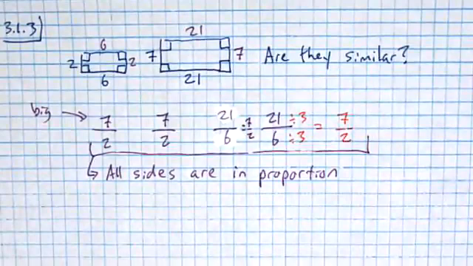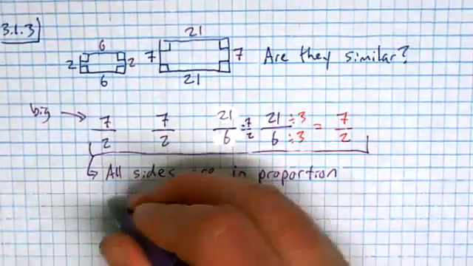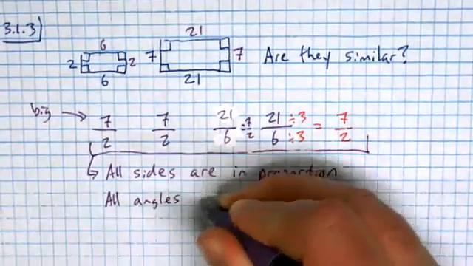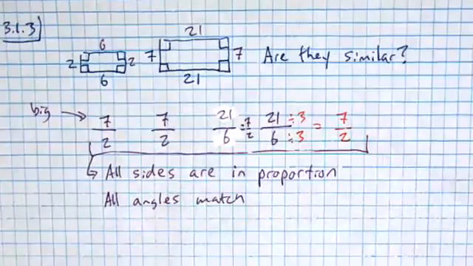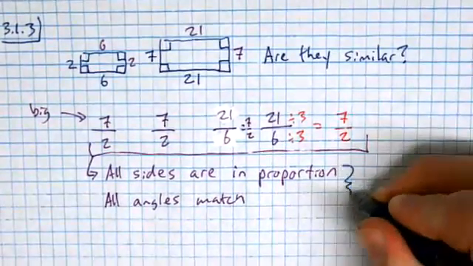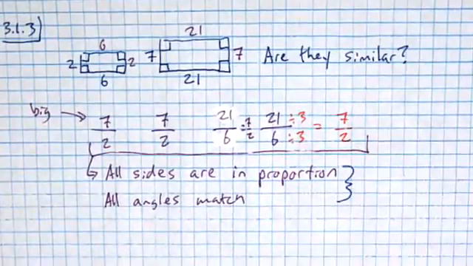So all the sides are in proportion and all the angles match. And when I combine those two facts together, that tells me what? That means they are similar.